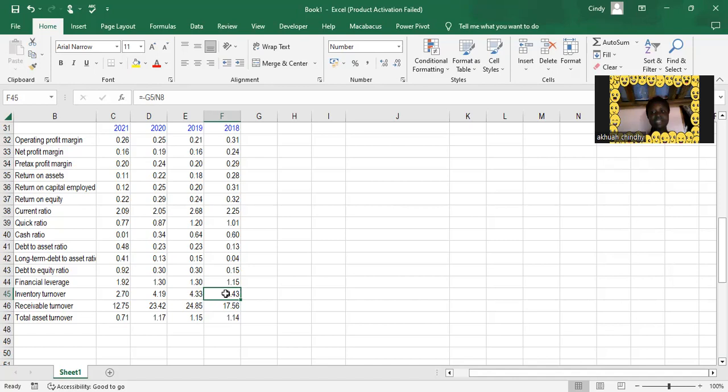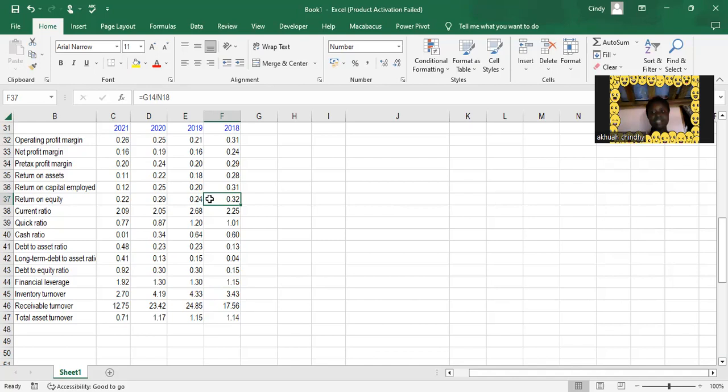So let me touch on the last one, return on equity, because that one is very important, because the goal of every business is to maximize shareholders' wealth, right? Return on equity is talking about the amount of profit that each share of the business accumulates.